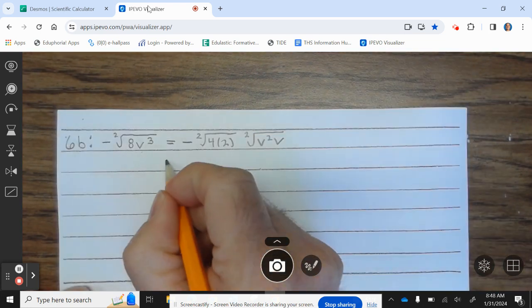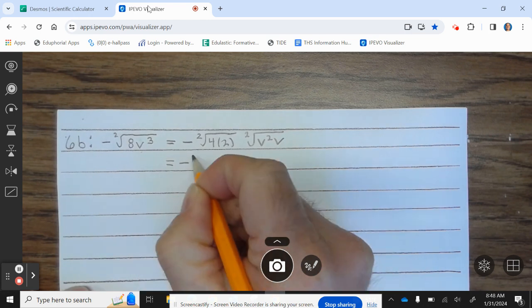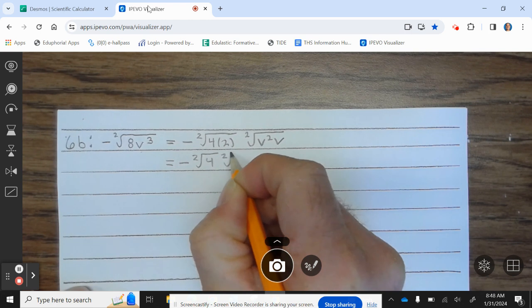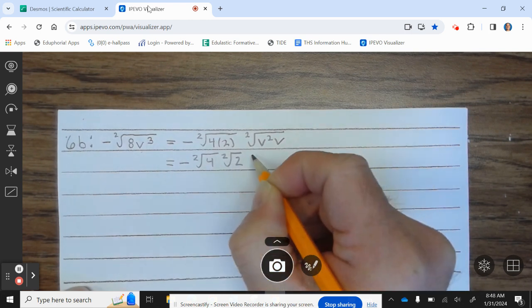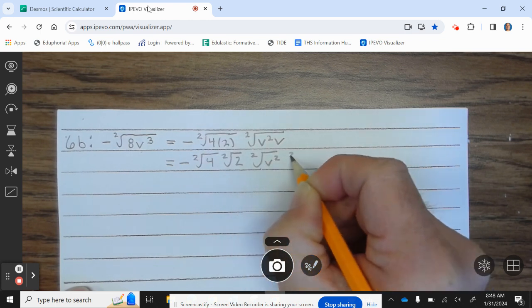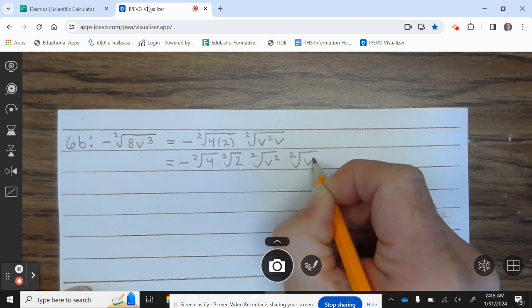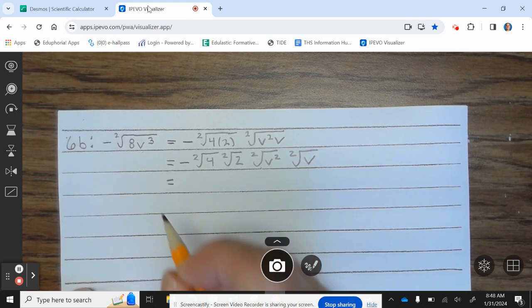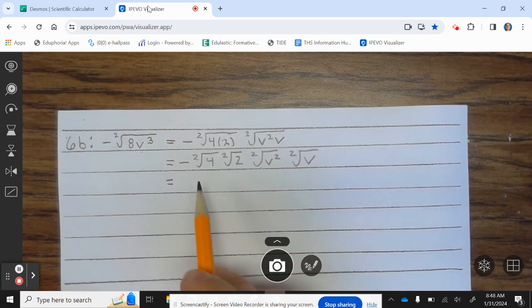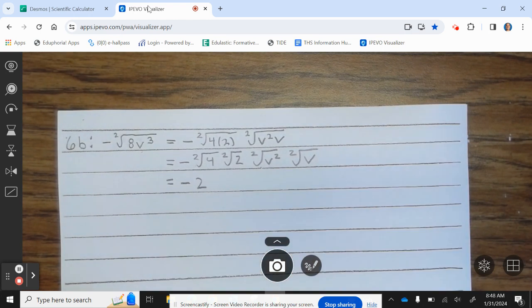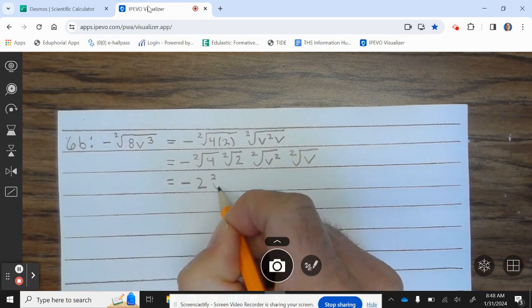Okay, so now we have negative second root of 4 times the second root of 2 times the second root of v squared times the second root of v, which the second root of 4 is 2, so that's negative 2 times the second root of 2.